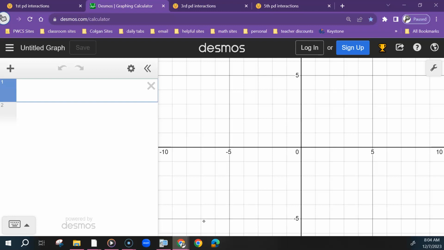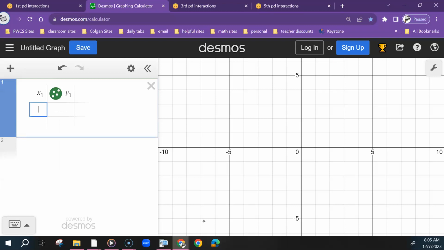If there's anything in there already, clear it out. Get rid of everything that's already in there. X it all out. Okay. Then in the corner, hit the plus. And you're going to add a table.